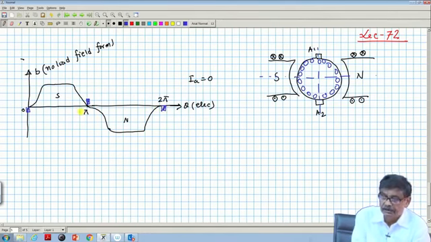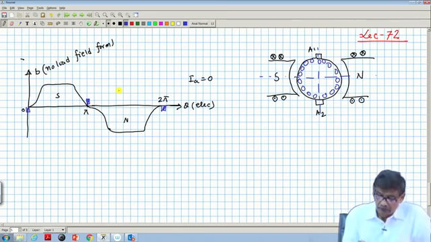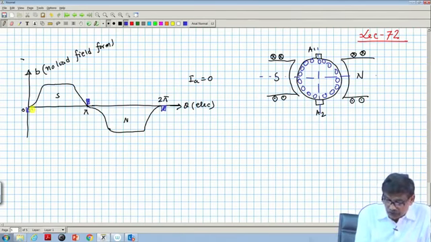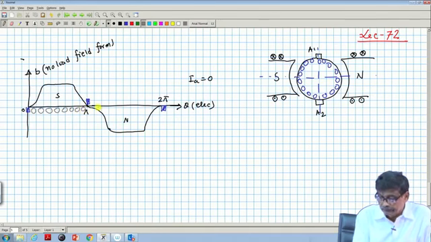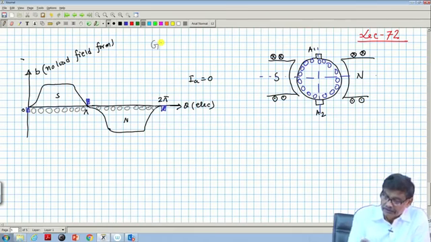These are the armature terminals. Now, where are the armature conductors? I show them beneath the field distribution, the armature conductors will be here. Let us consider generator mode. Now, listen carefully, it is otherwise very simple, that is why the ultimate thing is very simple.